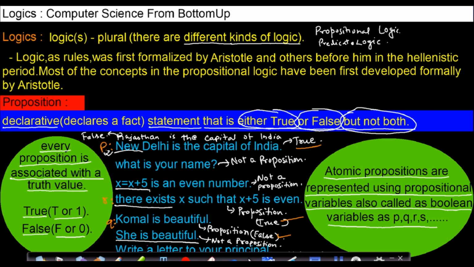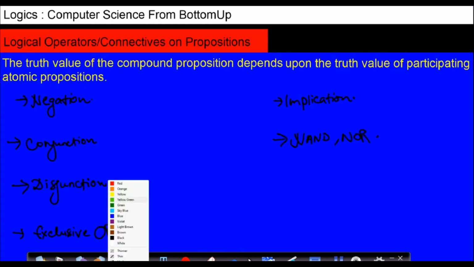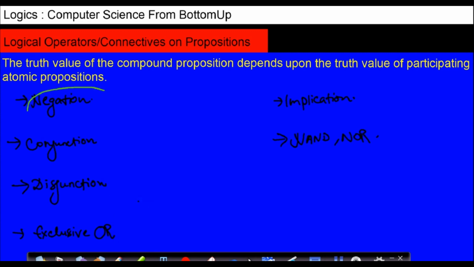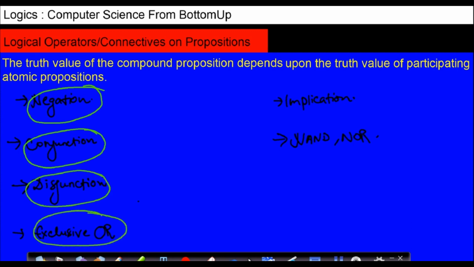There are many different types of logical connectors. In this video, we will look at negation, conjunction, disjunction, exclusive OR, NAND and NOR. In the next video, we will look at implication and other topics related to implication.